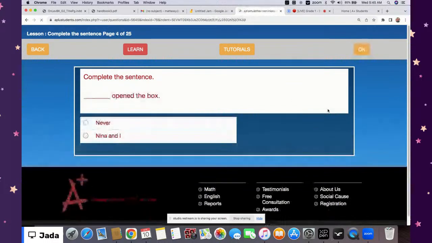And then dash open the box. Dash opens, never open the box, or Nina and I open the box.